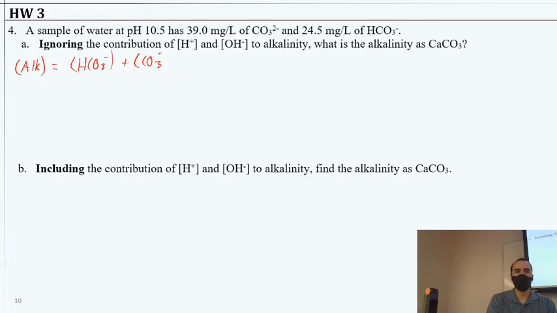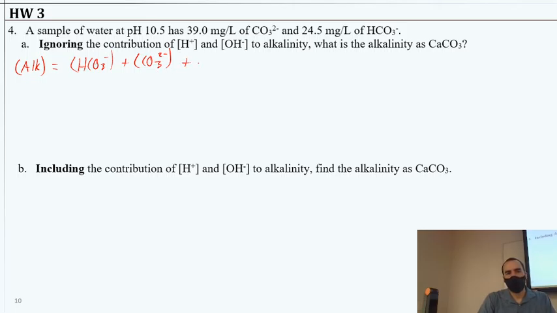And here's where, if we were talking about molar units, we'd have to do 2 times this, because what we're referring to as alkalinity is the acid neutralization capacity. So how many protons can it neutralize? And something with a 2 minus charge can neutralize 2 protons, right? But if we're using these parentheses, that means we've already converted it into a unit that has accounted for that.